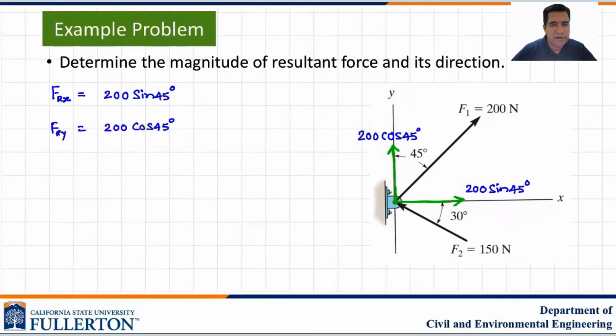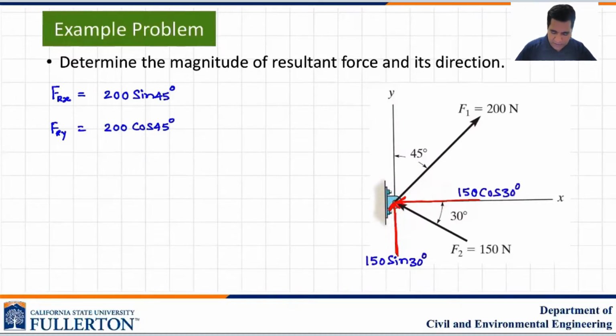So far, we have only written terms from F1. Now let's go over F2, the second vector that we have. For the second vector, the x and y components are going to be like this. Again, the point of application is still the same, so these component forces are also applied at the same point where the actual force was applied.